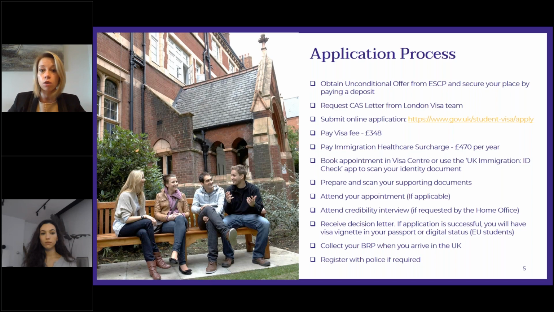If there is a line saying you should register with the police, then you will receive further instructions on how to do it. You need to do it after you receive your BRP card. So this is the process in short, and the main steps you need to take in order to get your decision and to get the BRP card. Normally, as I said, the whole process from submission to receiving your visa vignette will take approximately 3 weeks.